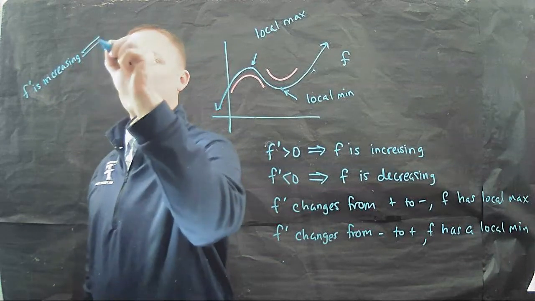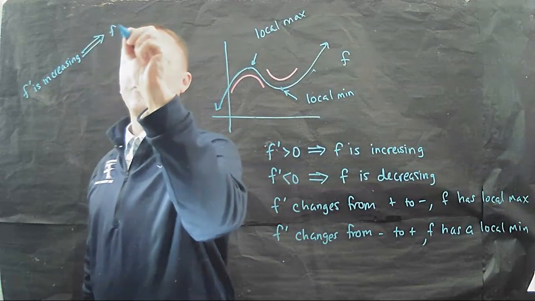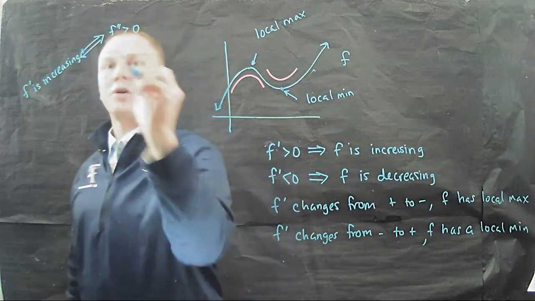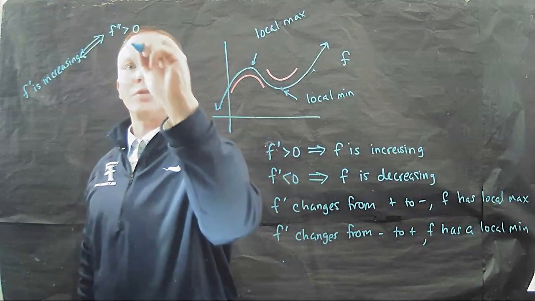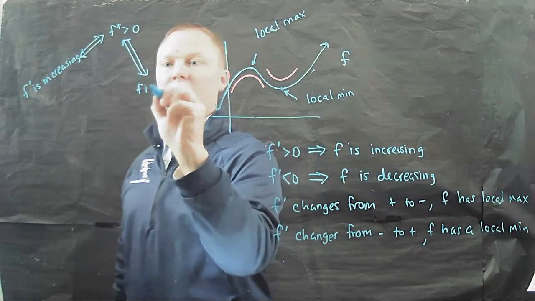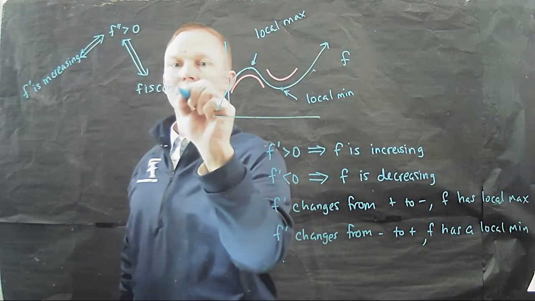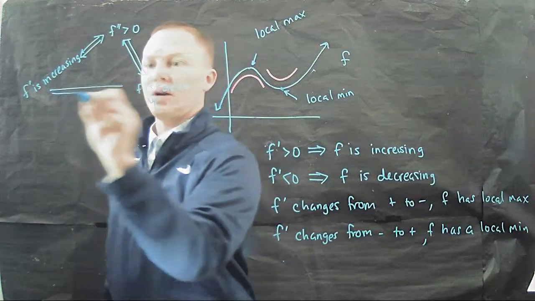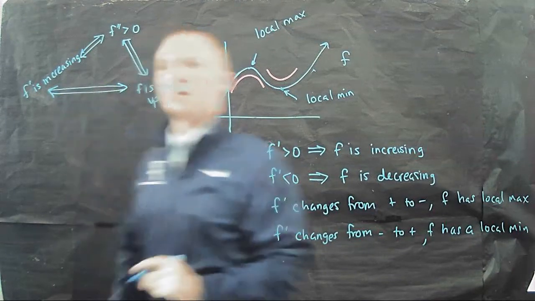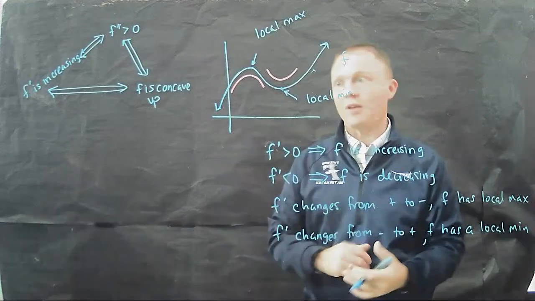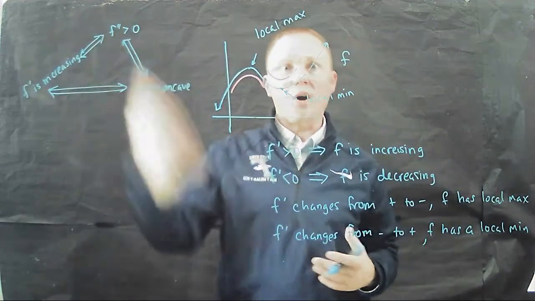That means f double prime is positive. And that also means, I'll draw some arrows this way, that f is concave up. Those three ideas are all intertwined. If one of them is true, they're all true.